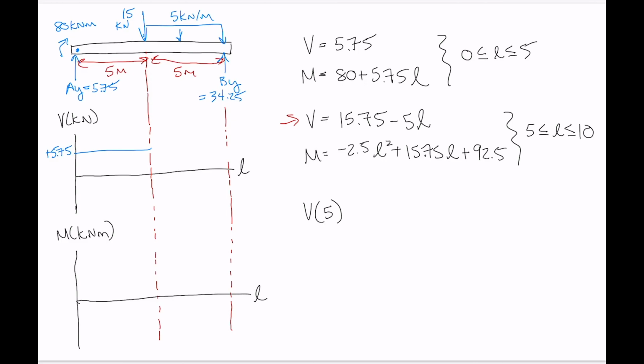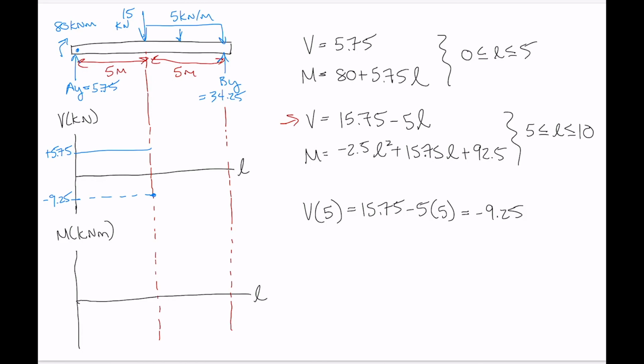So we evaluate the shear equation at 5 meters. So we've got 15.75 minus 5 times 5, which gives us minus 9.25. Right, so we know where we're starting from. So let's put a dot there, minus 9.25.